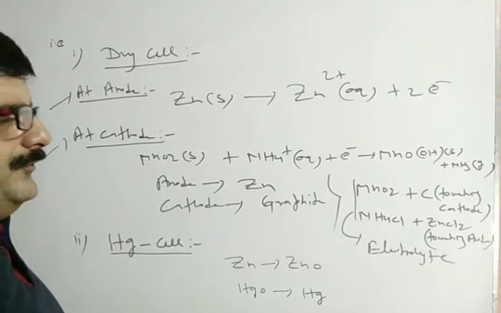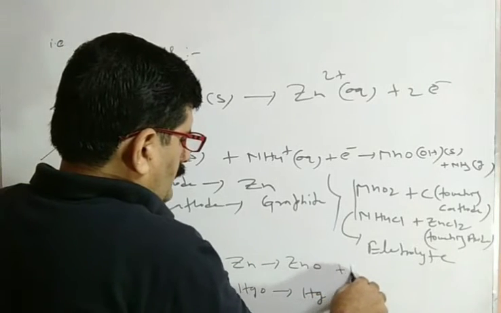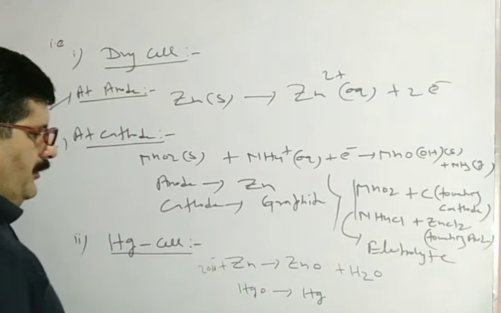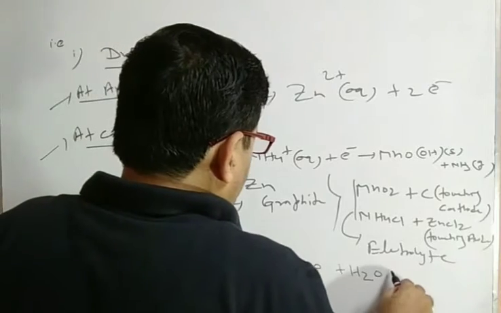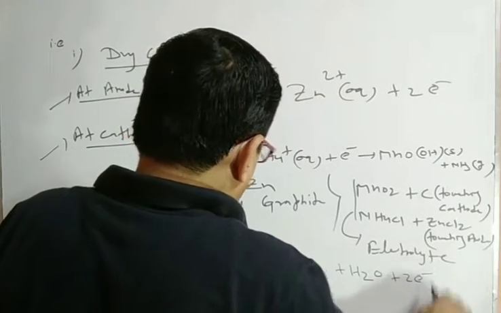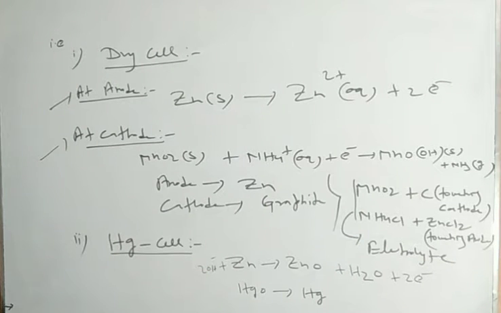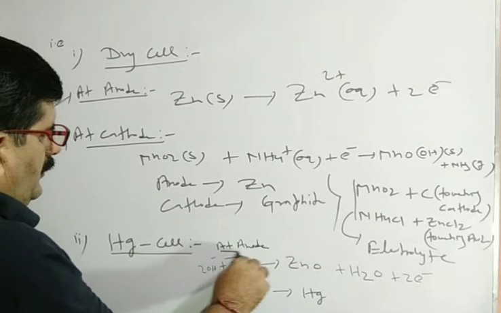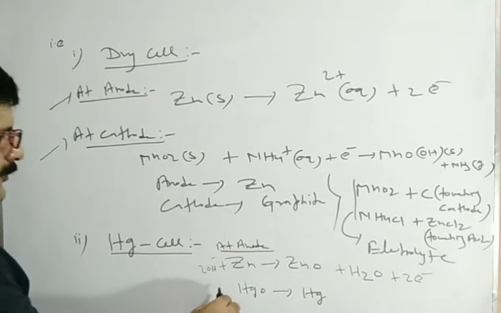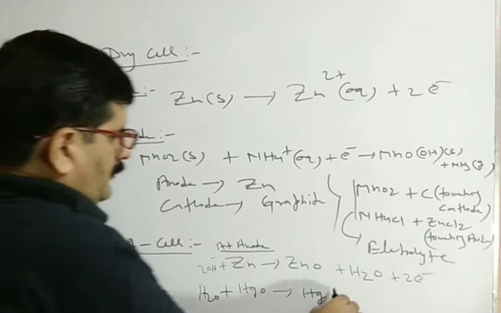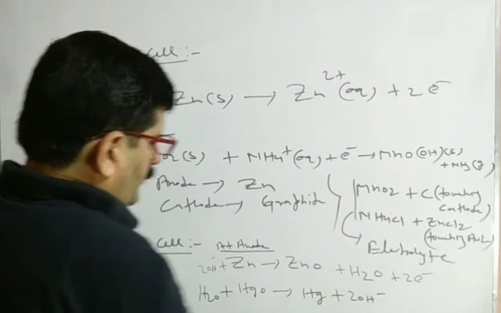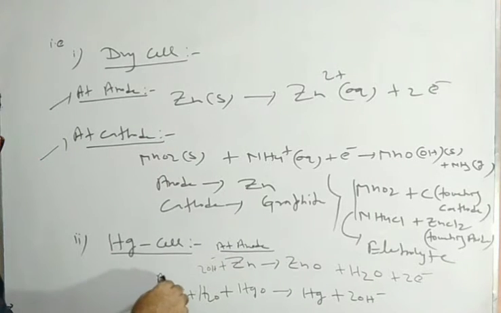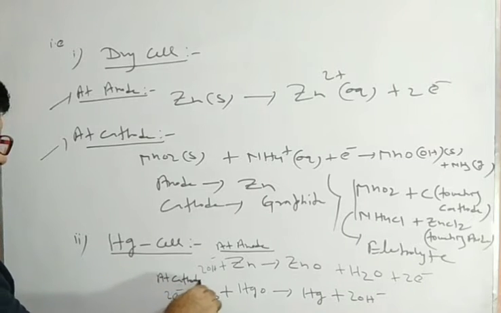So if you balance this equation, 2OH minus, oxidation occurs at anode. Here we get 1 water. Here 2OH minus releases 2 electrons. The other reaction occurs at cathode.